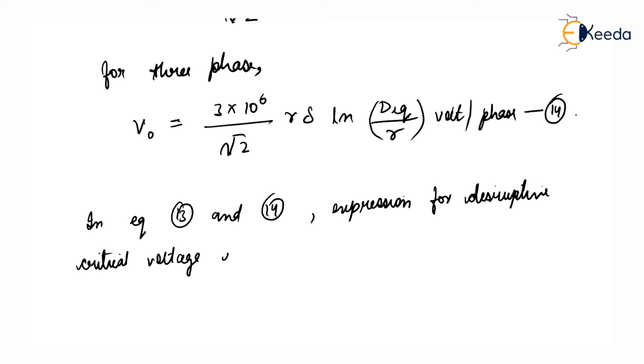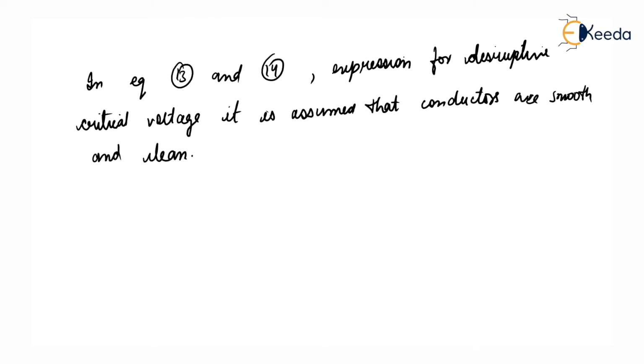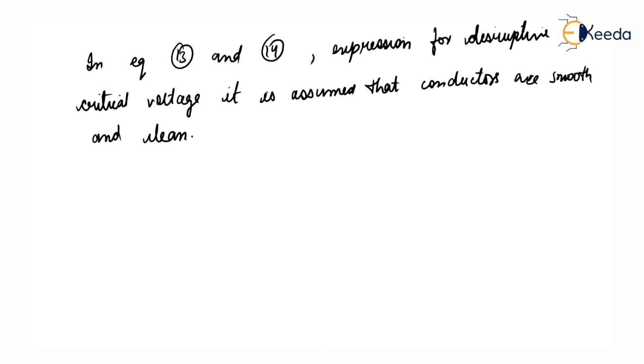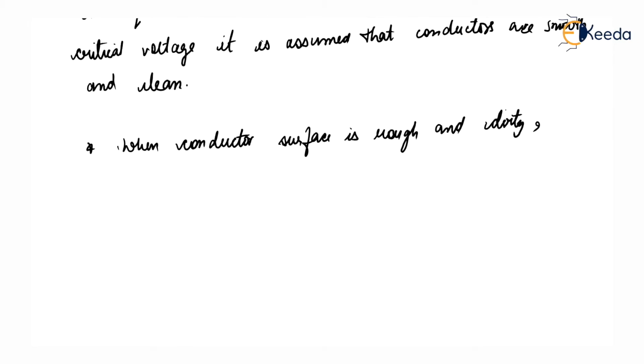However, when the conductor surface is rough and dirty, the disruptive critical voltage is somewhat less.